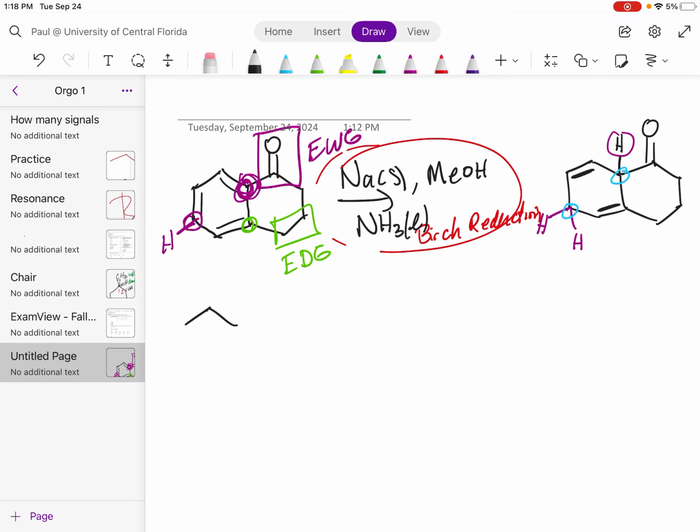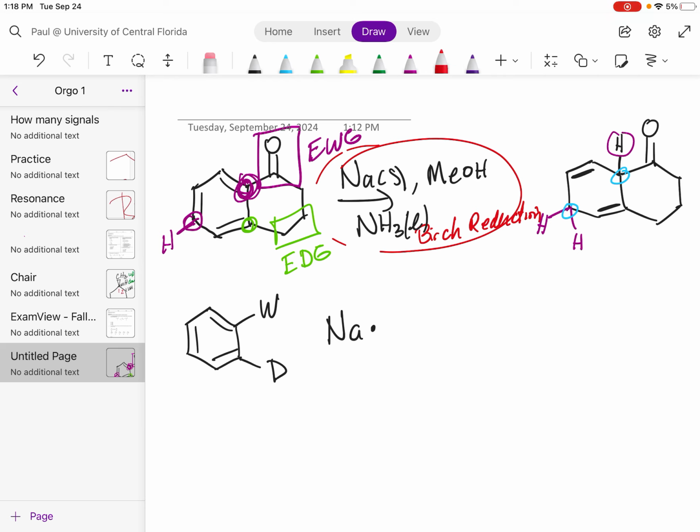So our first step in this mechanism, to keep things just easy to draw, I'm just going to go W for withdrawing group, D for donating group. Okay, so I don't want to draw that other 6-membered ring over and over again. We'll just draw the benzene ring. So with solid sodium in liquid ammonia, it basically has this electron that the sodium wants to get rid of.